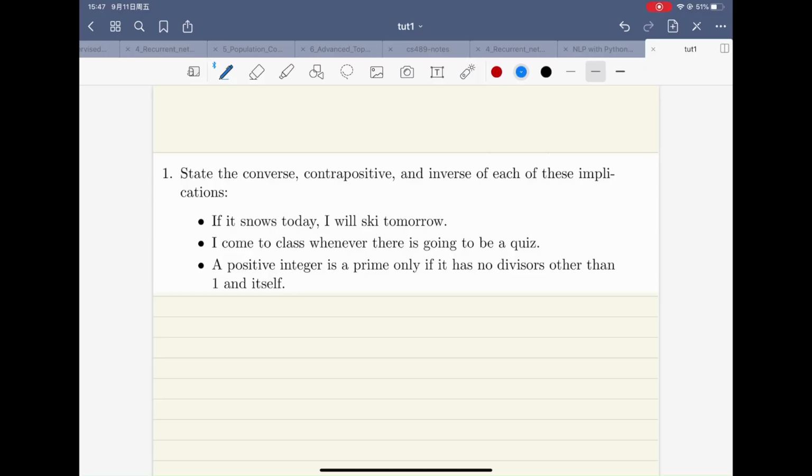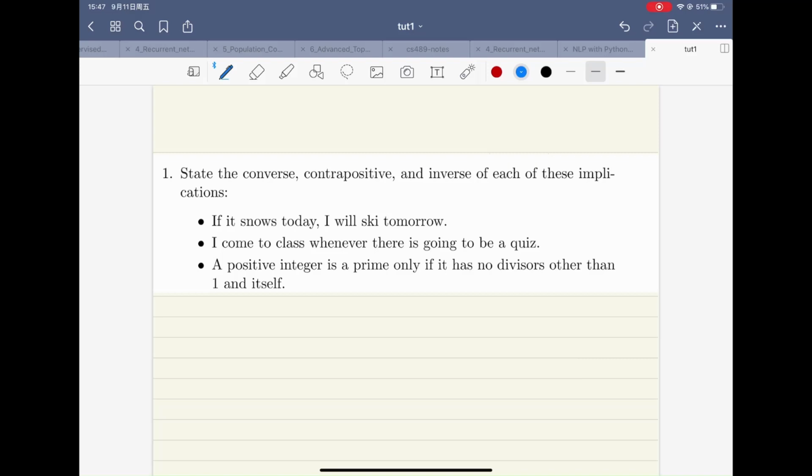All right, let's go straight to the questions. So the first question, state the converse, contrapositive, and inverse of each of these implications. When you are asked to play with an implication, you need to find the hypothesis and the conclusion. Let's take a look at the first one together.